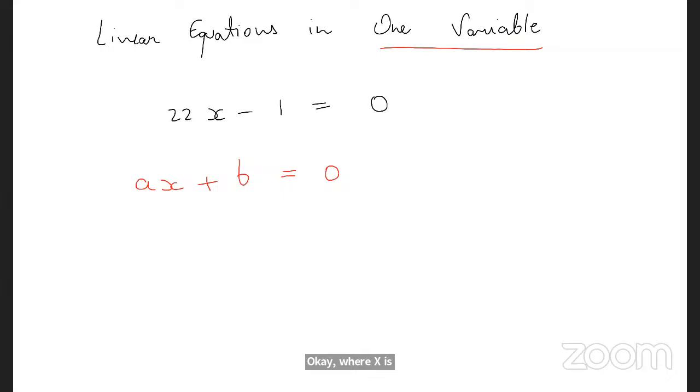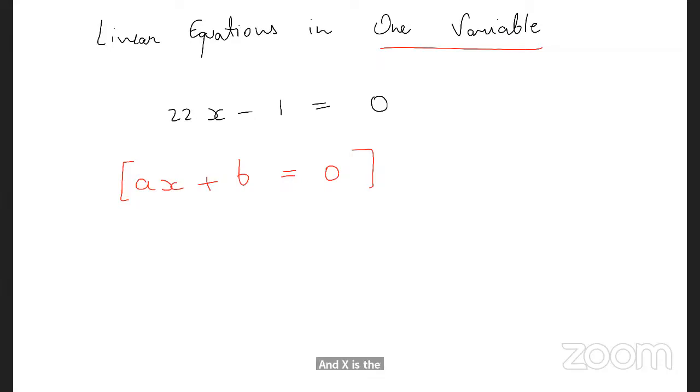Ma'am, there are 3 variables here, a, x, and b. Yes, but a and b are real numbers. Okay, x is the variable. Here in this standard form of linear equation, a and b are real numbers and x is the variable.